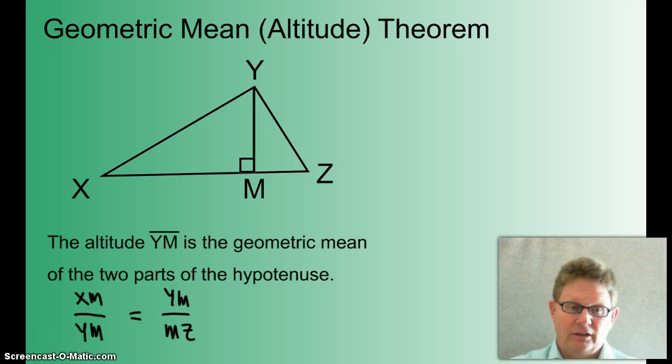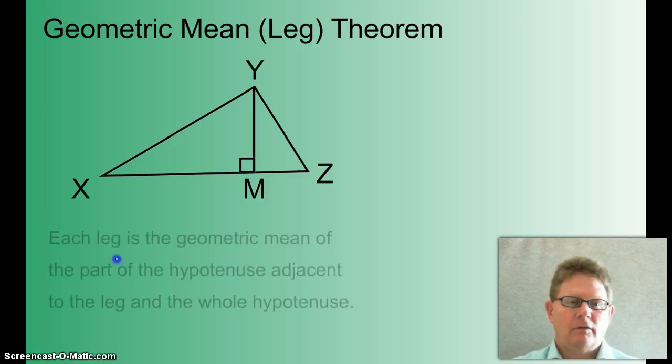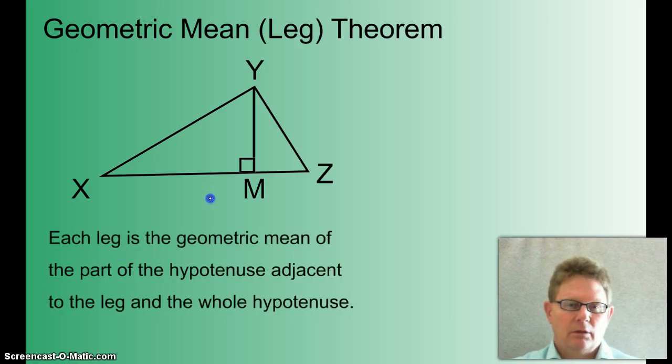And then there's a second geometric mean theorem. That geometric mean theorem says, once you got the altitude, each leg is a geometric mean of the part of the hypotenuse adjacent to the leg and the whole hypotenuse.